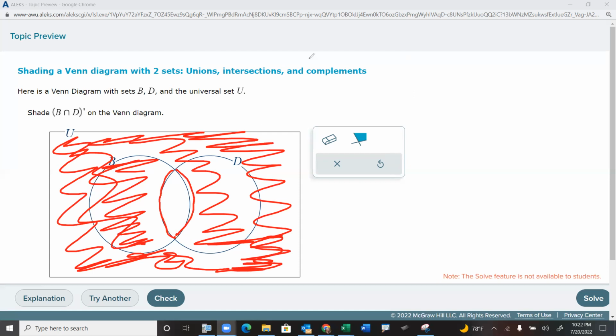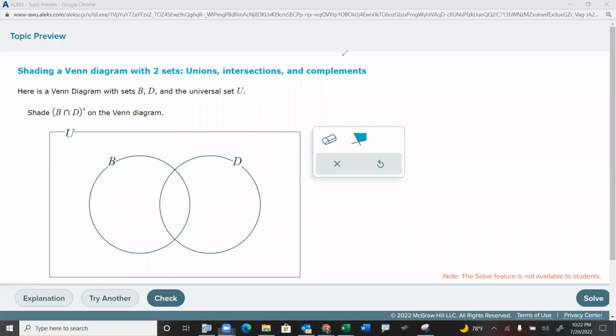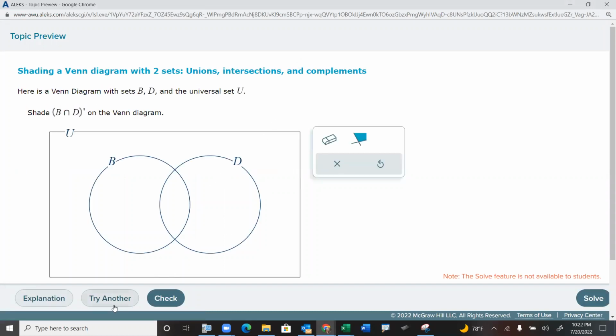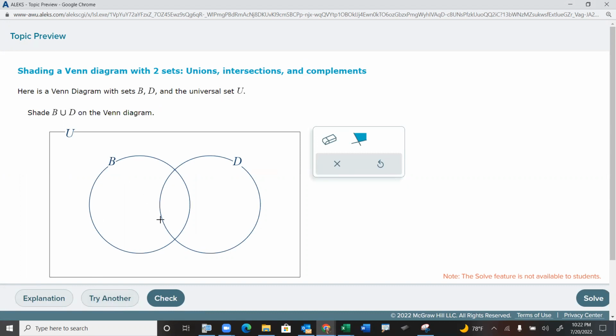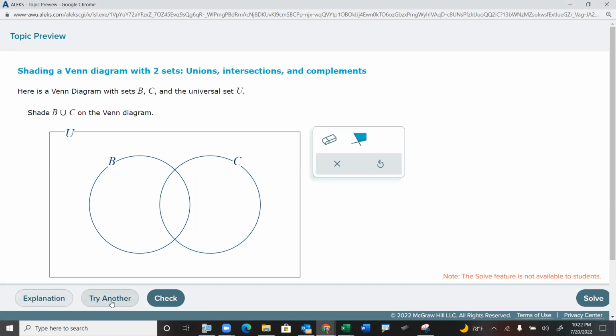Let's try another one. See if we get something really wild and crazy. That is exactly the same thing. They didn't even change the letters. B union D, everything in B and D. We already saw that.